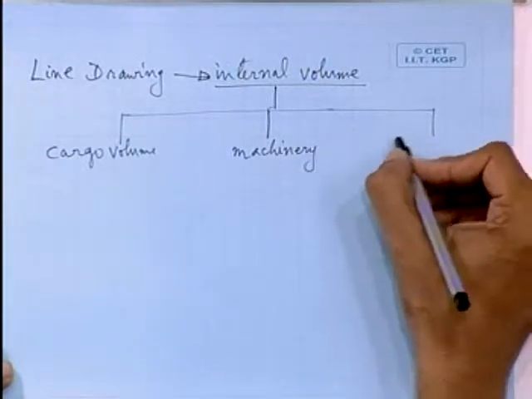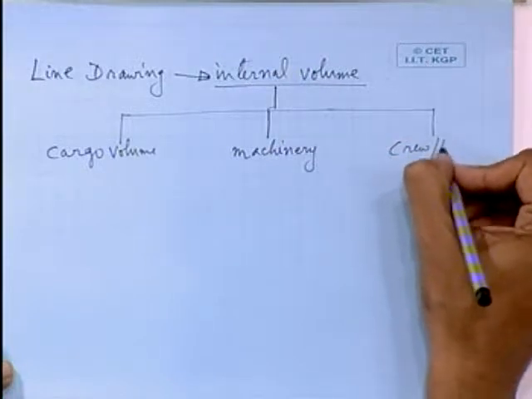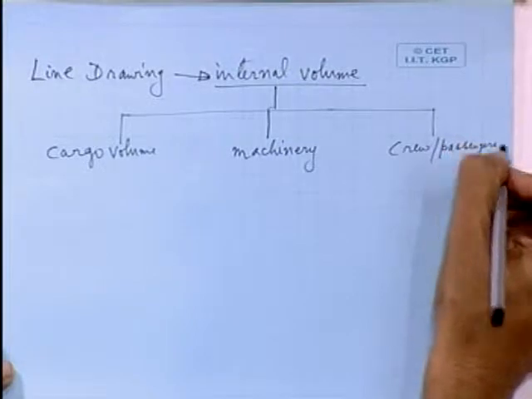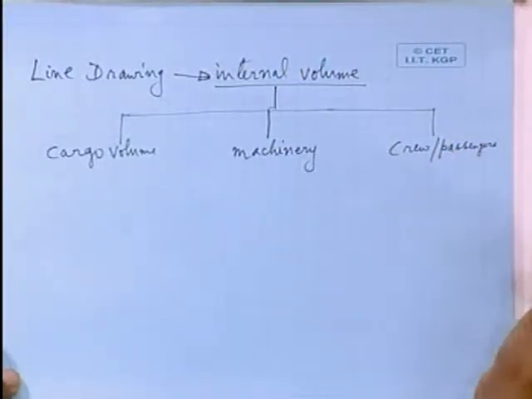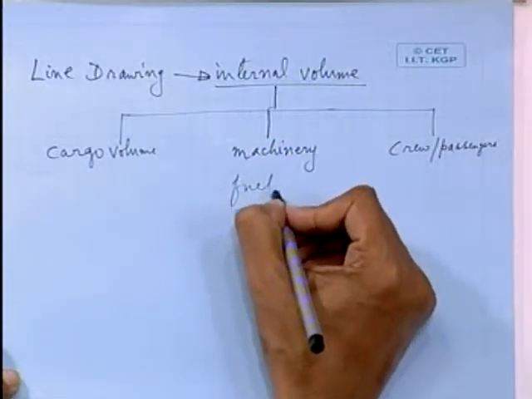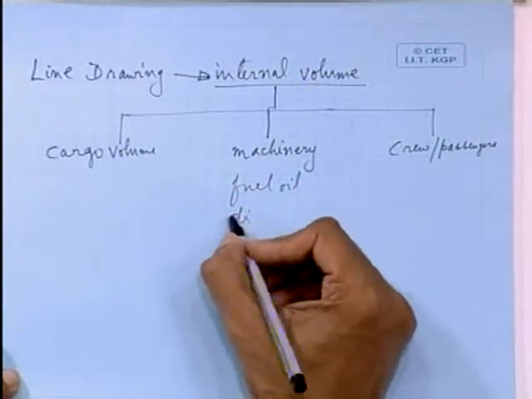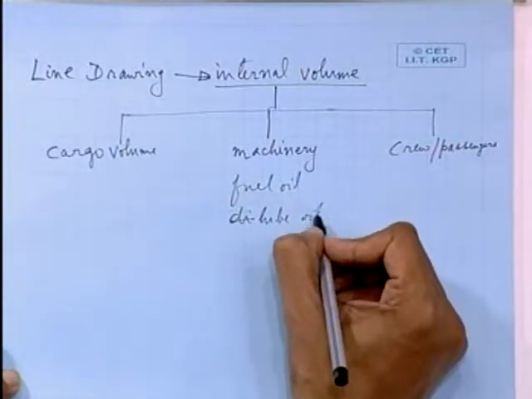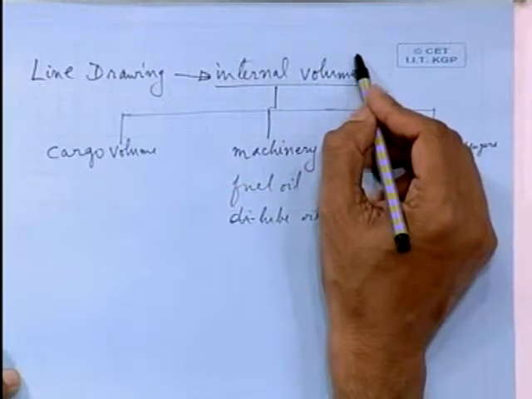Then you have your crew or passengers, who have to be housed properly. Then the other items of deadweight will come. I'll explain what is meant by deadweight and lightweight. You have fuel oil, diesel oil, lube oil. All this has to be carried in a certain volume. This volume is most important.